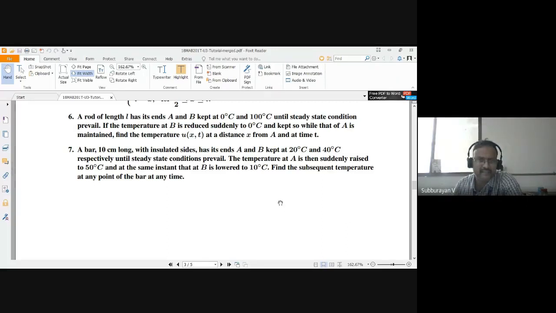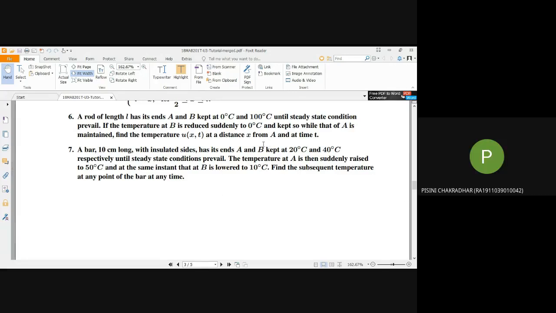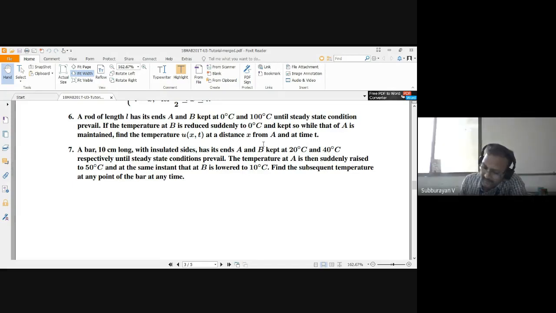Let me write down the initial and the boundary conditions. U of 0 comma t is 50 degrees Celsius, and U of 10 comma t is 10 degrees Celsius.